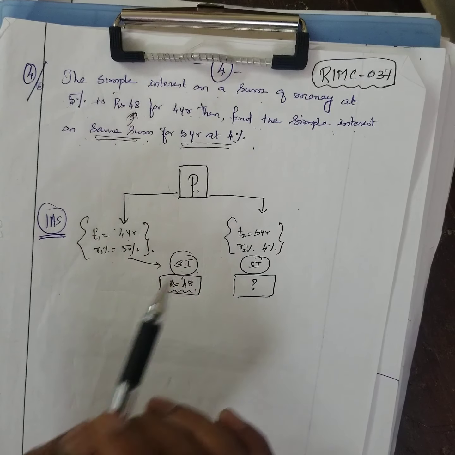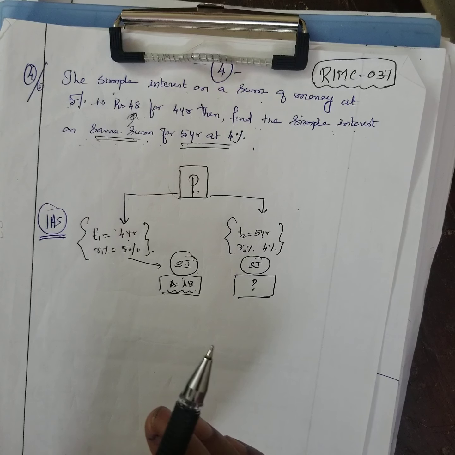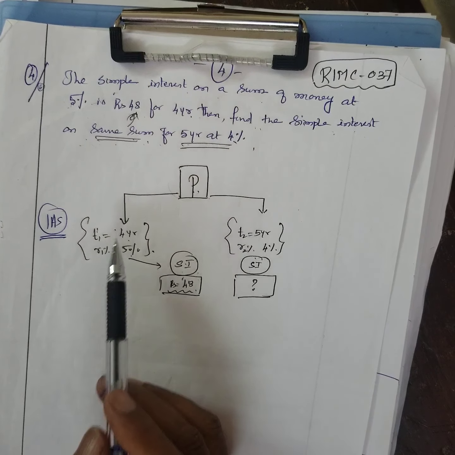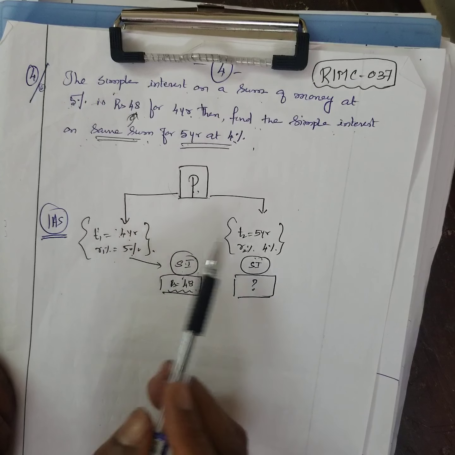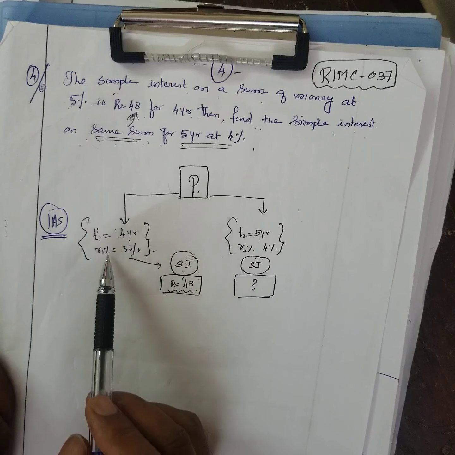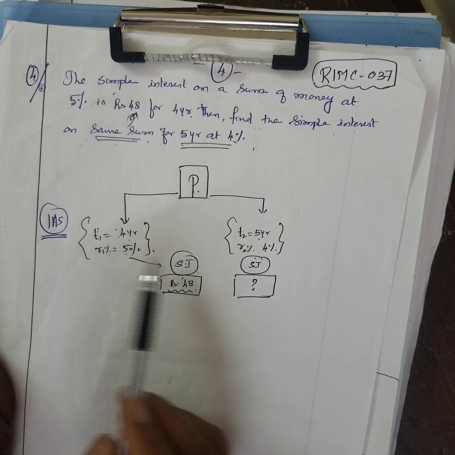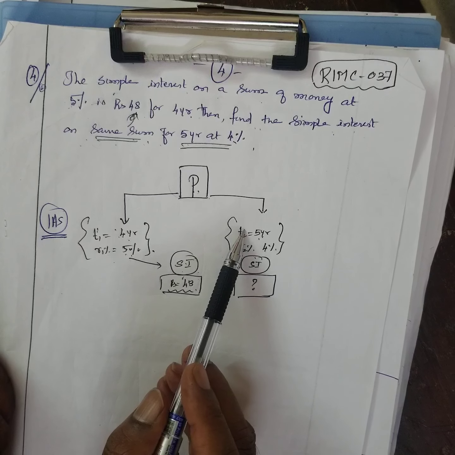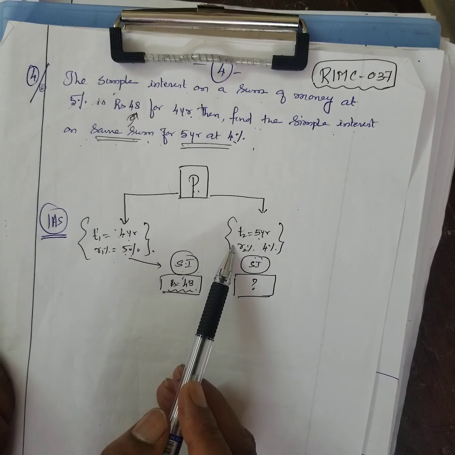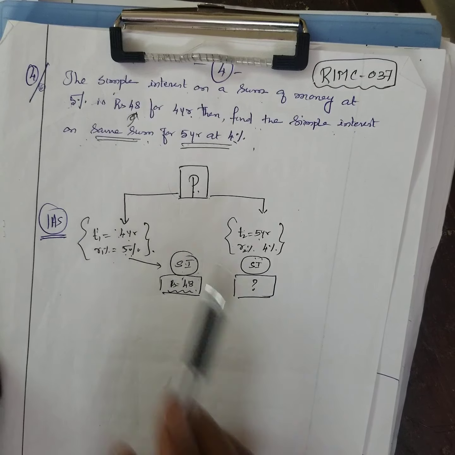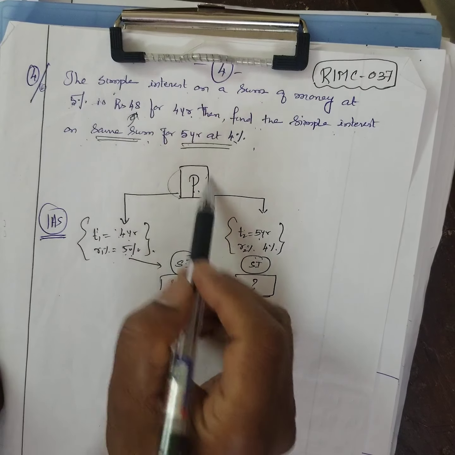Especially for financial management, it is very important. Observe here, 4 years. Now, the period is 5 years. Rate of interest 5, year 4. When the time increases, the rate decreases. More EMI, but same amount.